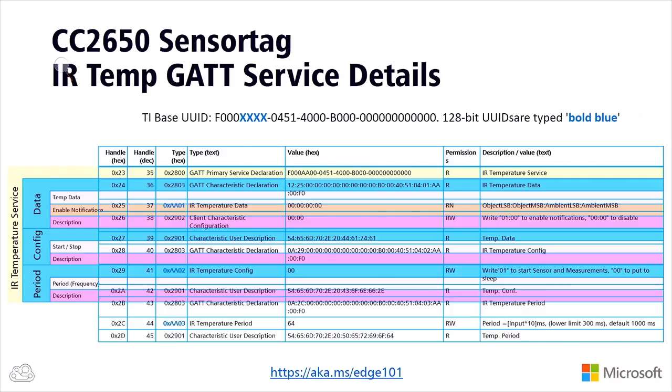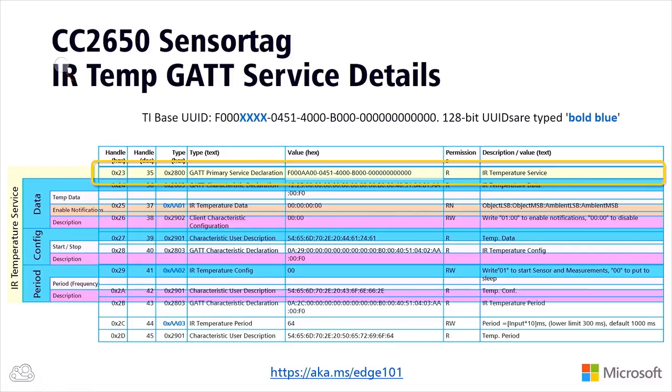TI has done that with its devices, and these services all start with this big, long, funky GUID, and then they just customize 4 characters in there for the different pieces of it. If I look at this, up at the top, I have a primary service declaration, and I know it's really small to see, but it's for the IR temperature service.